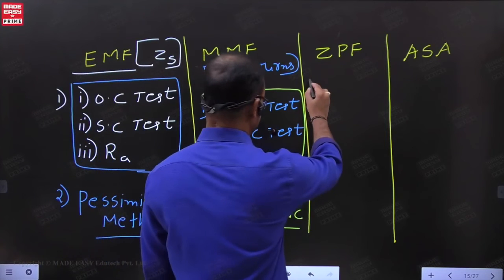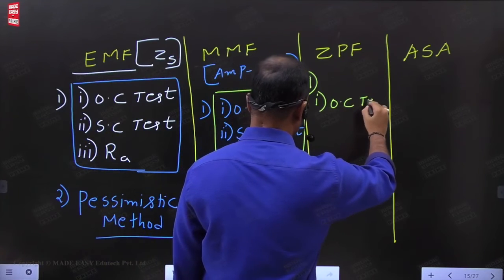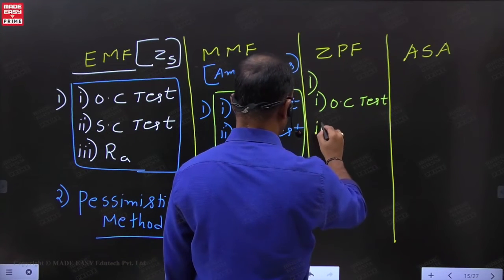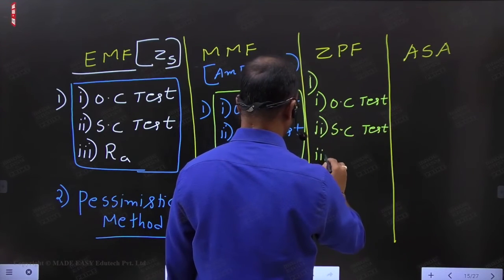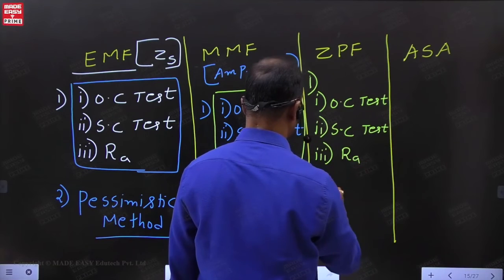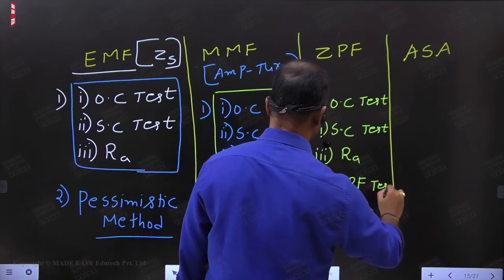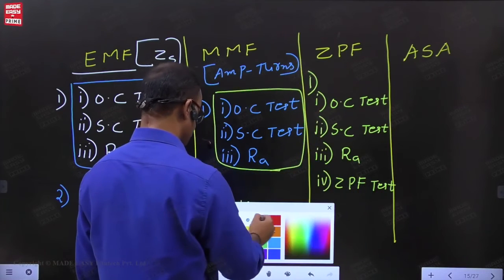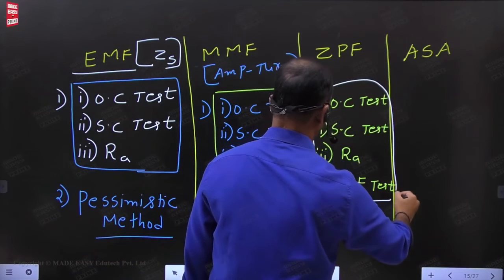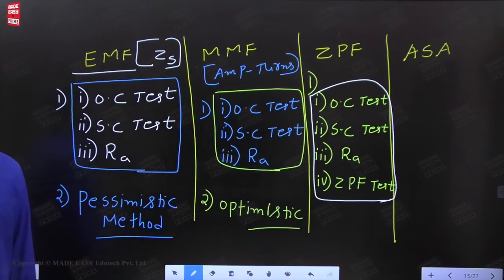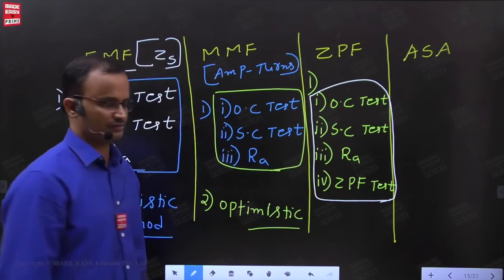Come to the ZPF. In the case of the ZPF method, to find out regulation, we need the data of the OC test, SC test, armature resistance, and the ZPF test.